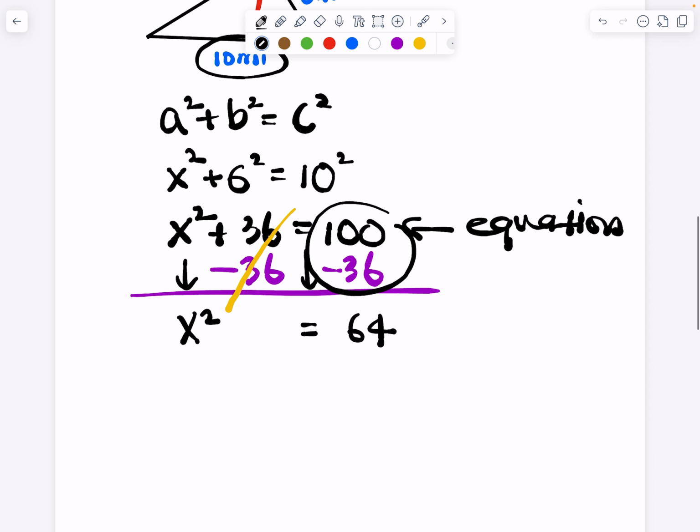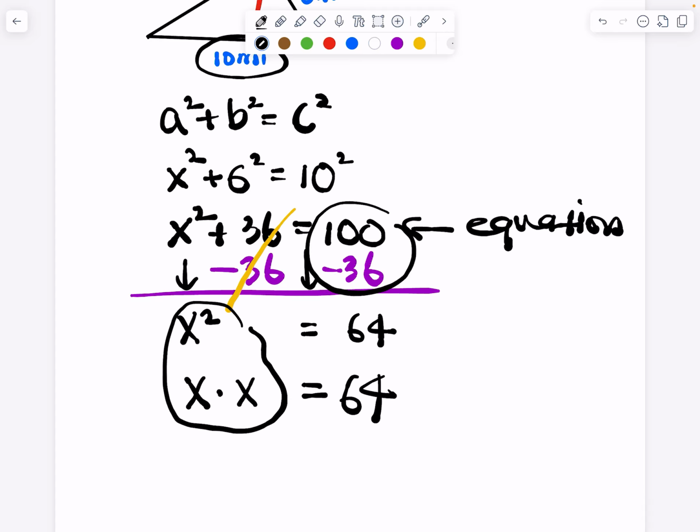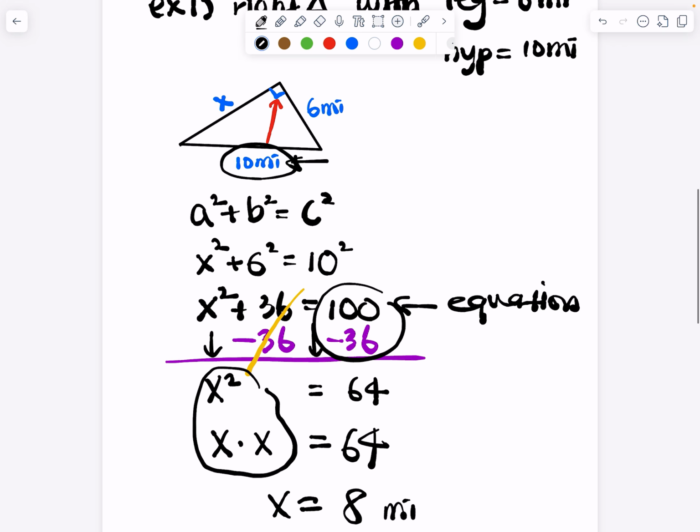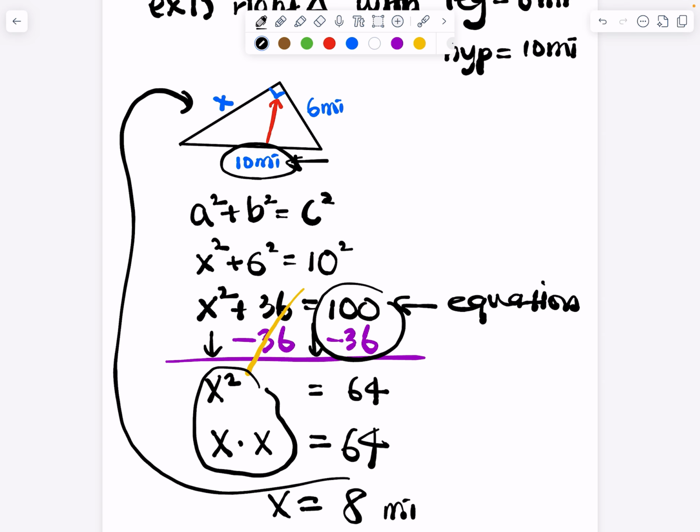Something squared is equal to 64. Something squared means something multiplied by itself. That's what it means to square, right? So what should something be? x is equal to 8. Does that make sense? I gave you a unit, which was miles, so the answer is 8 miles. Now I'm going to bring this back to the diagram.